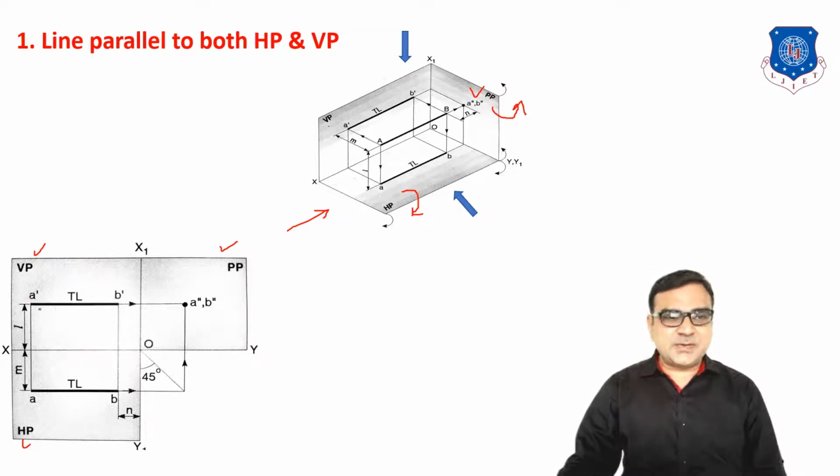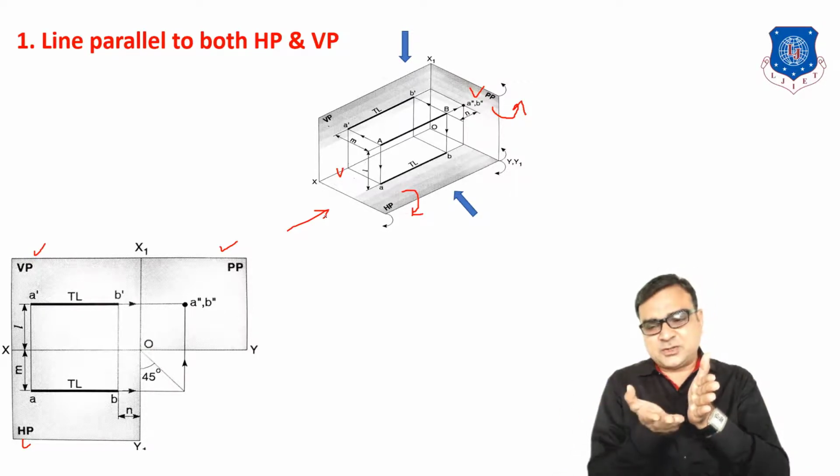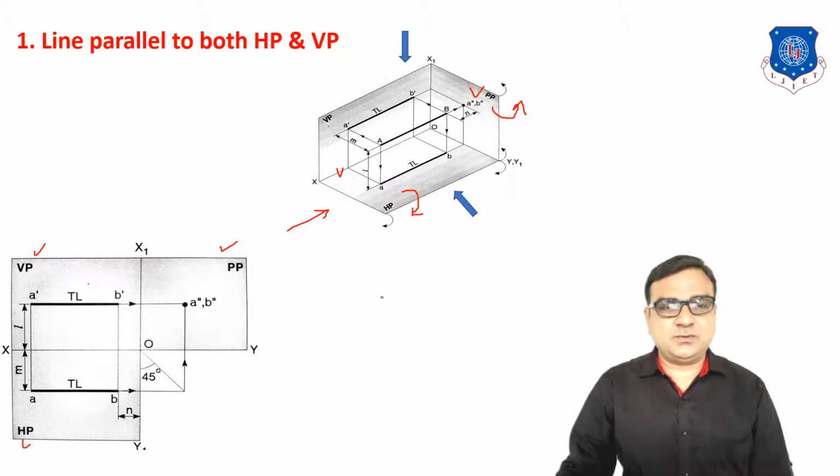Here A dash B dash is the front view, which is drawn parallel to the XY line. This XY line is actually the line between the horizontal plane and vertical plane, and X1 Y1 is where the vertical plane and profile plane intersect. So we have the front view true length, the top view true length on HP, and the left hand side view.